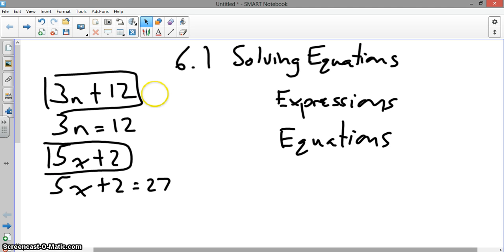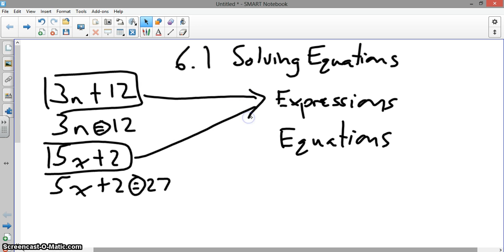If you don't see it, or you do see it and you're ahead of me, this is what you notice is the difference. There's an equal sign. If we don't have an equal sign, which we don't here, and we don't here, that makes those expressions. The ones that have an equal sign, those are equations. Following along?